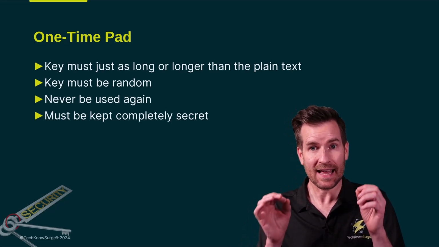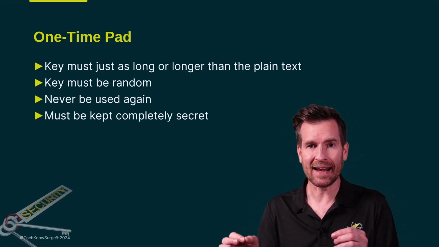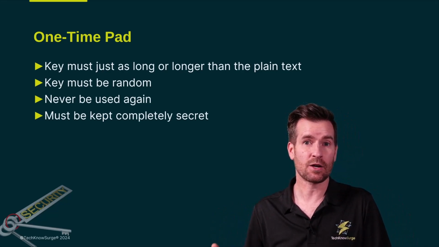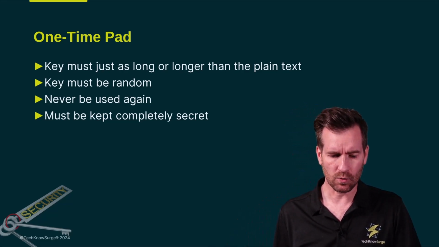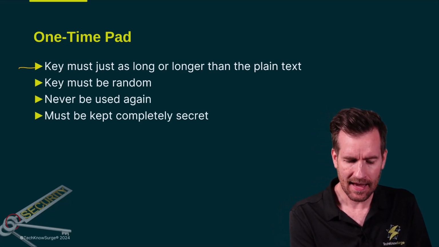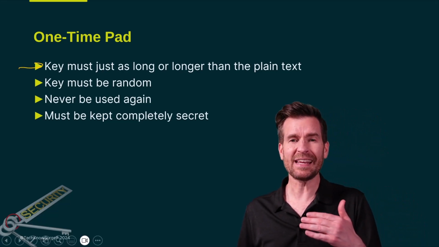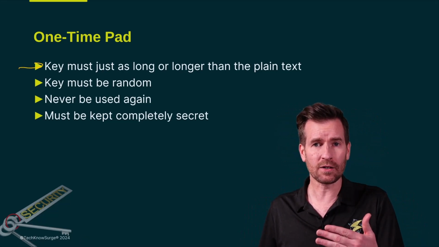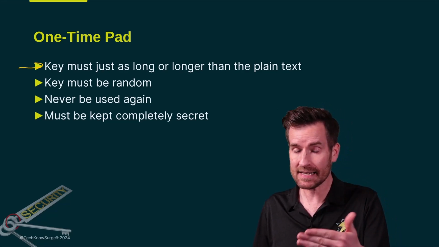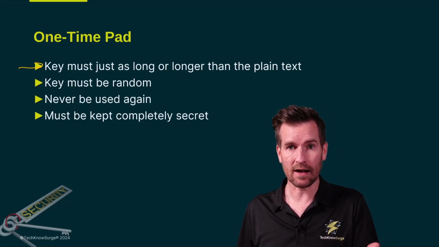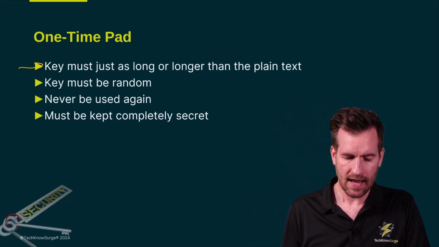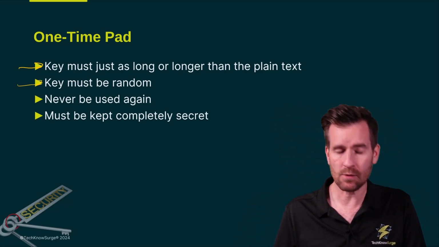And that is that there is a one-time pad that theoretically can't be cracked. So what does a one-time pad look like? Well, it follows several rules. A one-time pad is a key that must be just as long or longer than whatever plain text it's encrypting. So we're talking about a really long key if you've got a really long plain text. The key must be completely random.